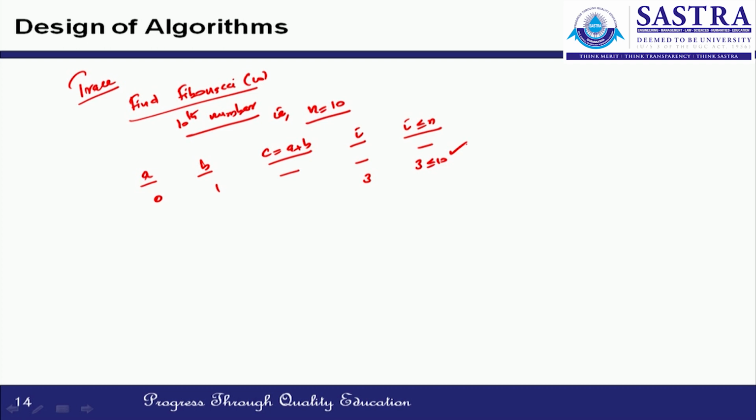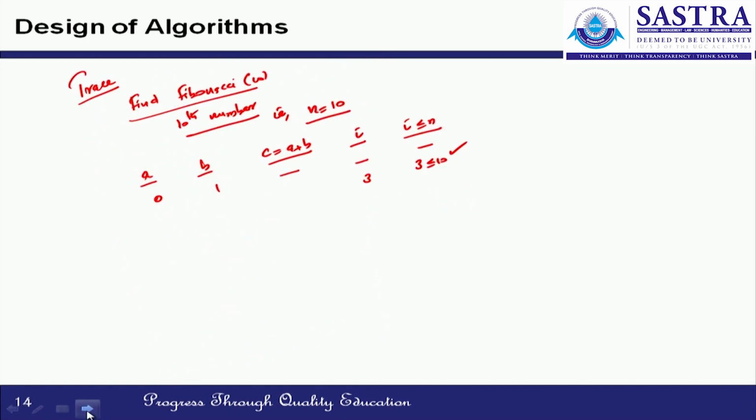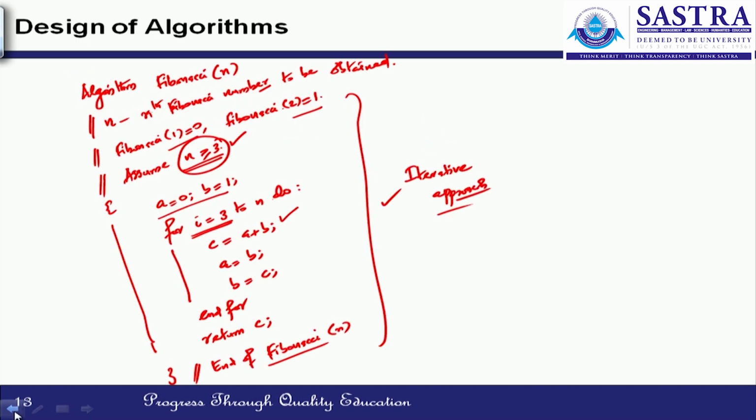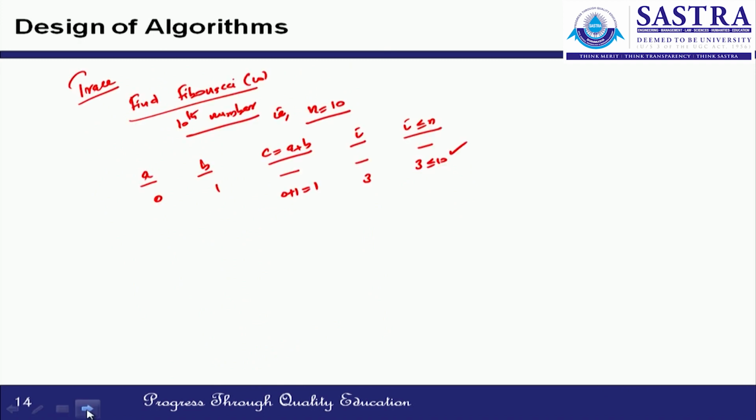If the condition is true, the statement to be executed is C is equal to A plus B. So updating C, 0 plus 1 is equal to 1. Now the variables A and B are updated. A is equal to B, B is equal to C. So A becomes 1, B becomes 1.